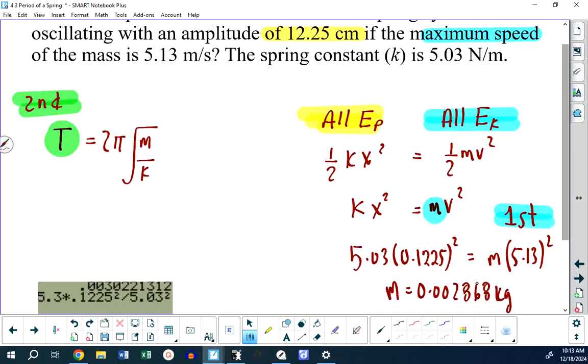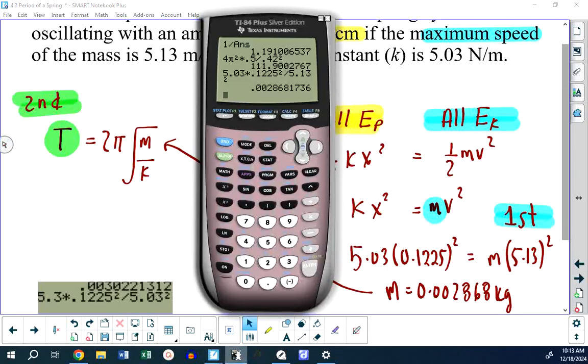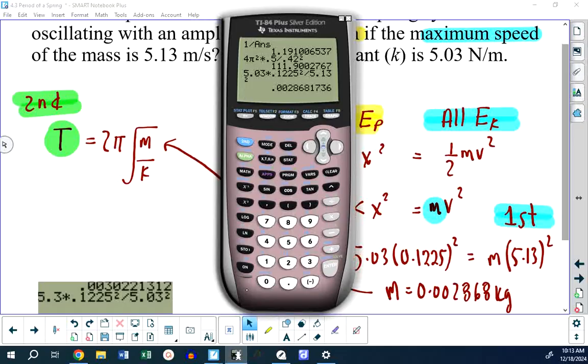And now I can put that mass in here along with the, what was it, 5.03 newtons per meter. Boy, 5.03, 5.13 in this question, you get to be on your toes there.